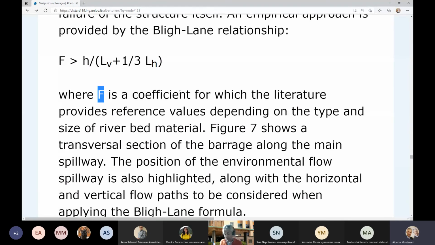And then the material that is very prone to piping has an F value that is lower.